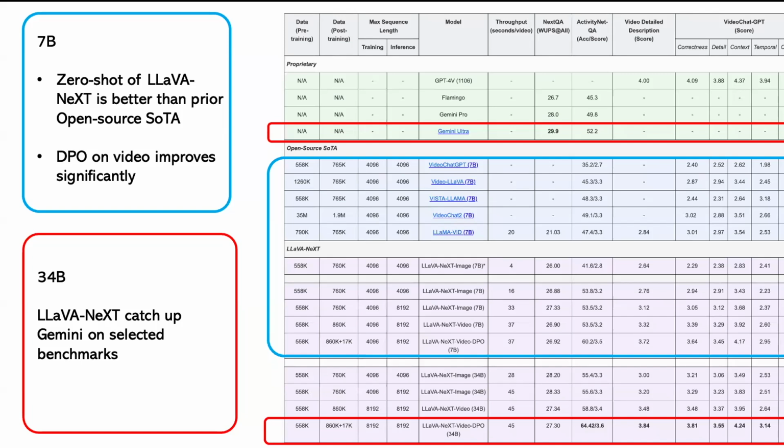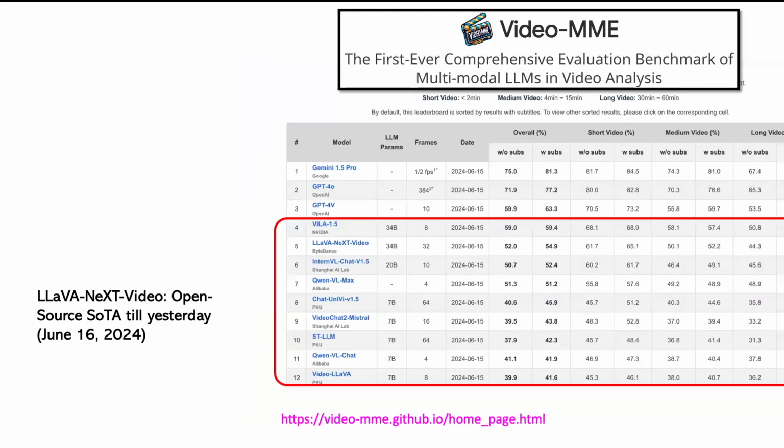So we further scale up the language model size to 34B, and by doing so, we see that the LLaVA-NeXT-Video model is able to catch up with the Gemini versions on selected benchmarks. Video-MME is a benchmark that was released a couple of weeks ago.